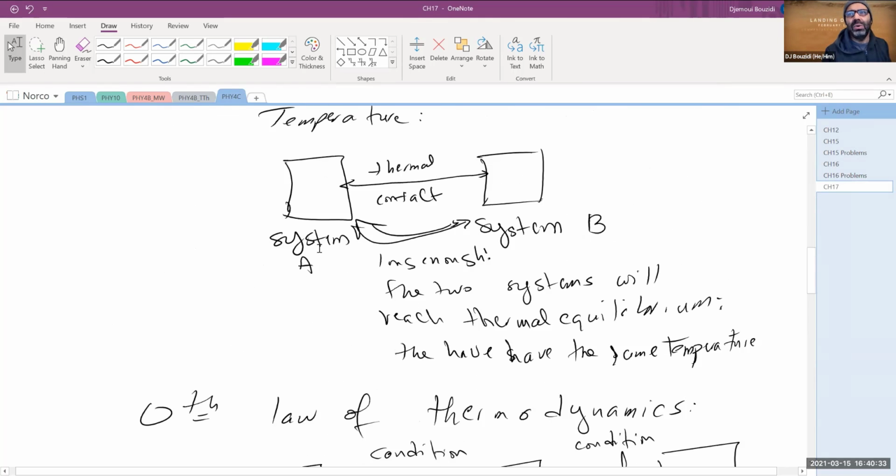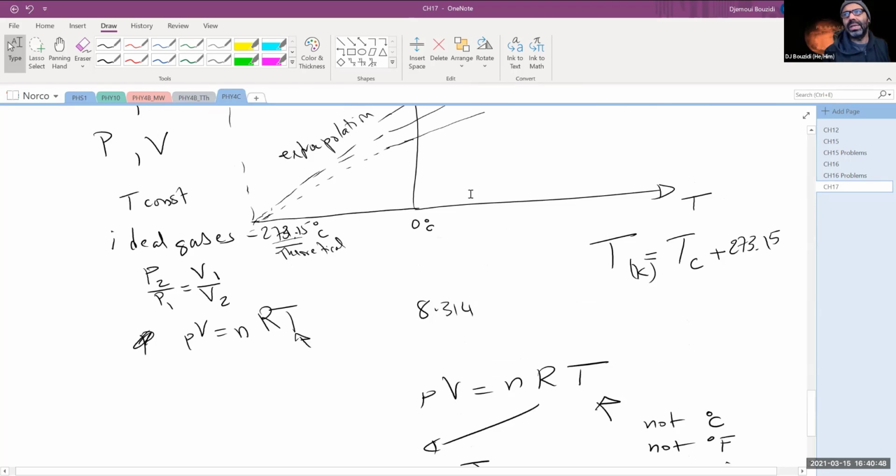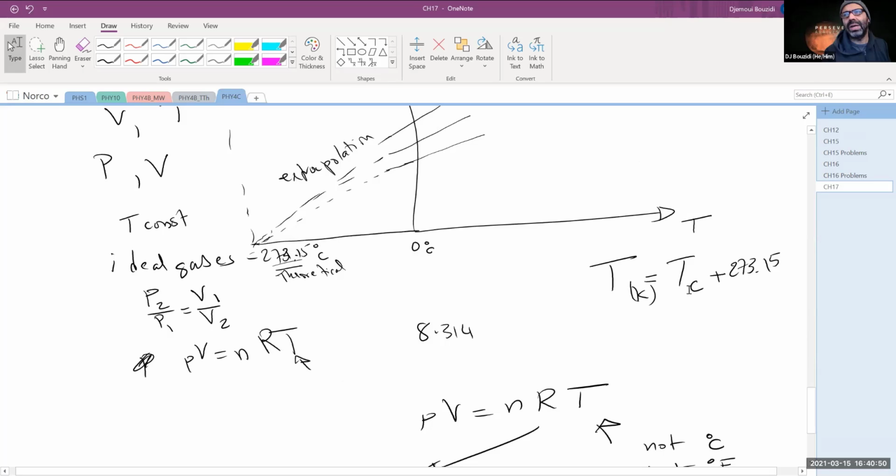At that point, when you reach that level of temperature, there are still quantum fluctuations that will prevent you from reaching this temperature. So that's why this is a theoretical limit. You cannot really have an object that reaches 0 Kelvin. 0 Kelvin will correspond to Tc equal to negative 273.15. In the lab, we arrive very, very close to that, but we will never be able to reach it.